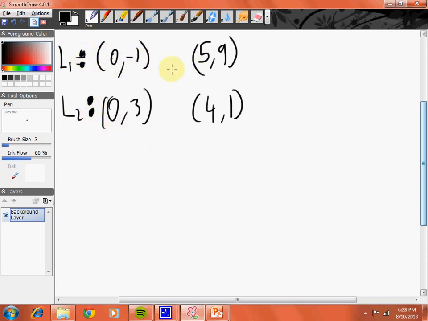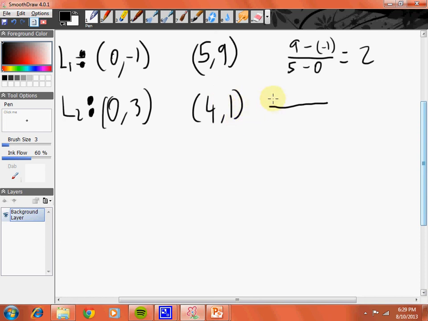Anyways, to find the slope of this line, y2 minus y1, so 9 minus negative 1, over 5 minus 0. So the slope for the first one is 10 over 5, which is 2. My students are going to have to do the actual work. Does that make me a hypocrite?